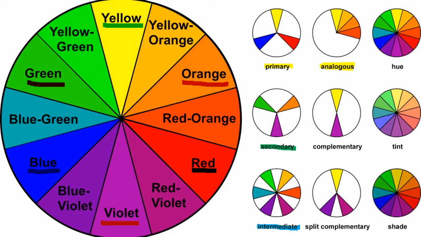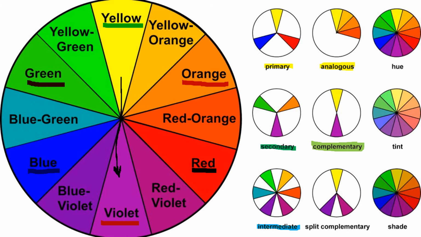The next color I want you to look at is the complementary color. The complementary color is the color that sits opposite each other on the color wheel. So if I'm looking at yellow and its complementary color, I literally just go across the color wheel, bloop, and see that yellow's complementary color is violet.